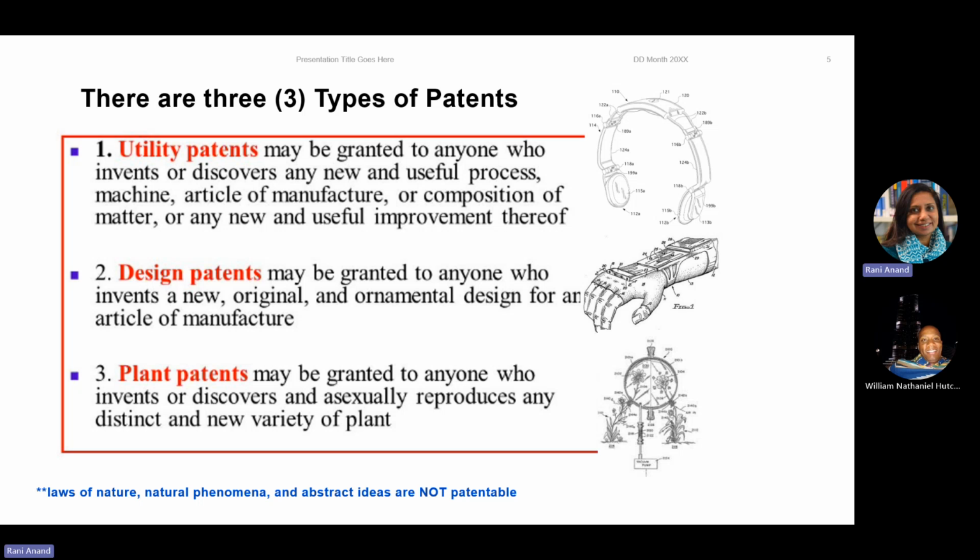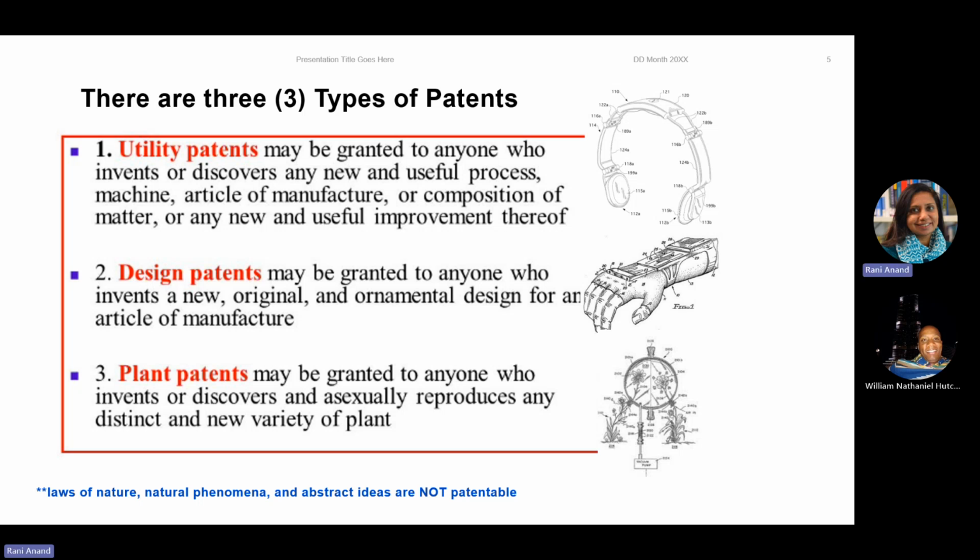Plant patents may be granted to anyone who invents or discovers and asexually reproduces any distinct and new variety of plants. Plant patents are always a bit unclear because of the criteria. It will be an asexually reproduced plant, not something that is already existing.